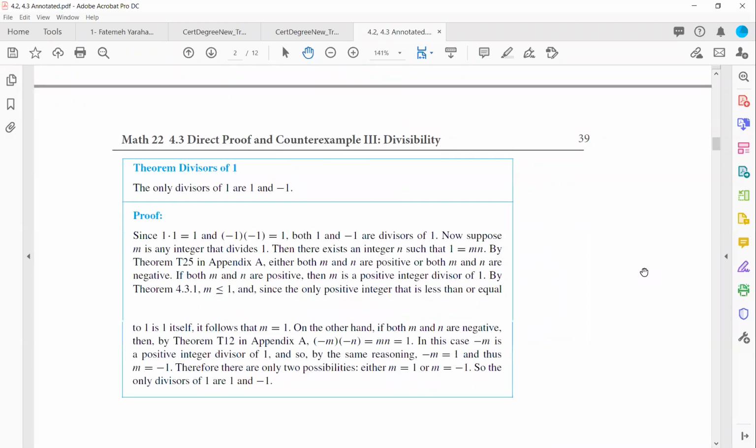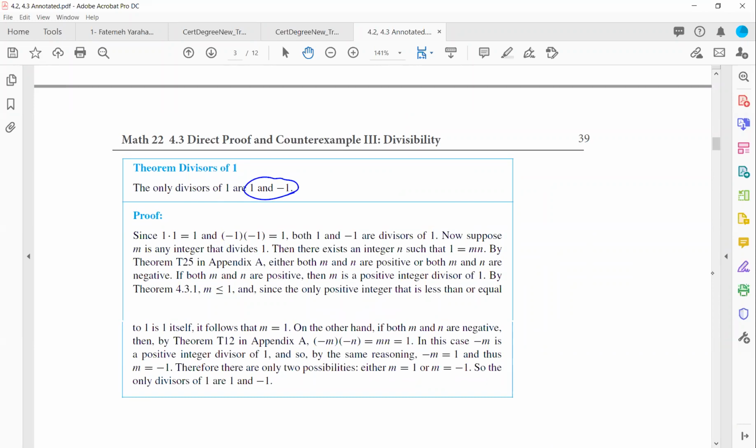Another theorem. The only divisors of 1 are 1 and negative 1. 1 doesn't have any other divisors. Okay, perfect. We know that 1 times 1 is equal to 1. Also, negative 1 times negative 1 is equal to 1. Both 1 and negative 1 are divisors of 1.